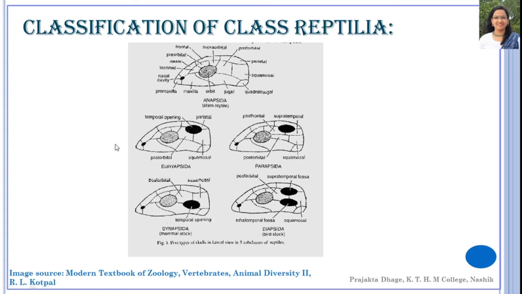But the location of these temporal vacuities in all the 3 subclasses is different. That is why they are placed differently.